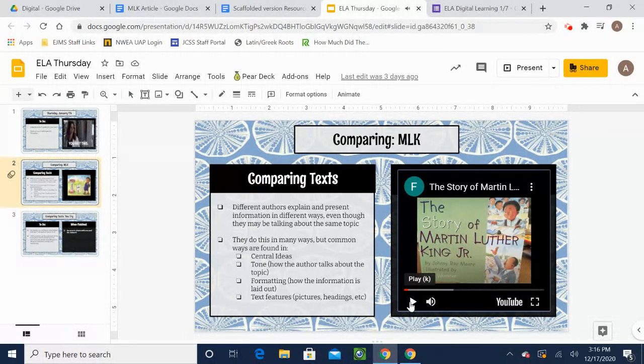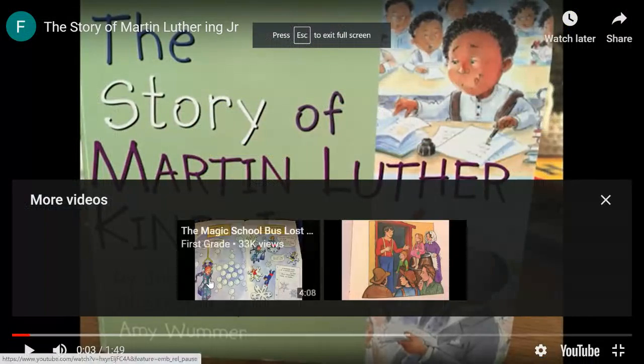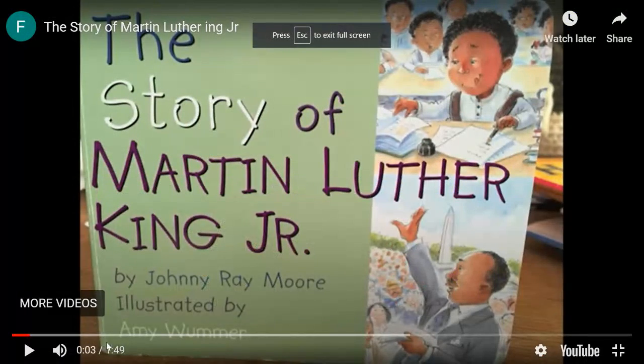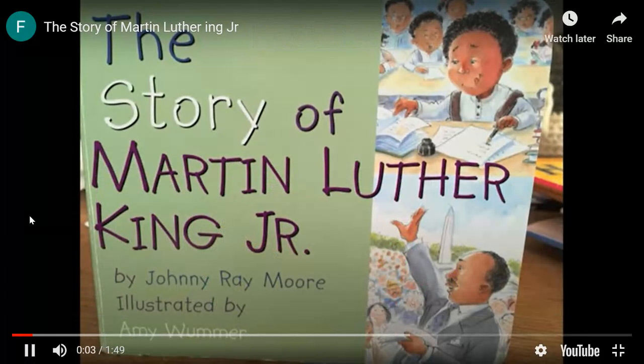I'm not going to play this entire thing, but I do want to go through a couple seconds of it because I think we're really clearly going to see a difference in how these authors talk about Martin Luther King Jr. On one hand, we've got our article with all of those words, all of those text features, and now we have this picture book. We're just going to watch a couple pages of this.